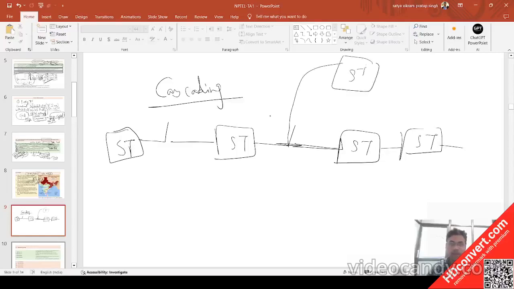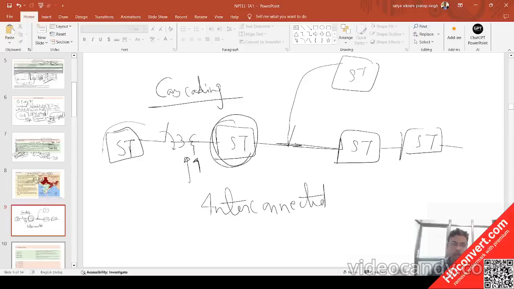Why? Because our grid is interconnected. So suppose there is a transformer and you increase the loading beyond its limit. This switch got tripped, and this substation got disconnected from this substation.